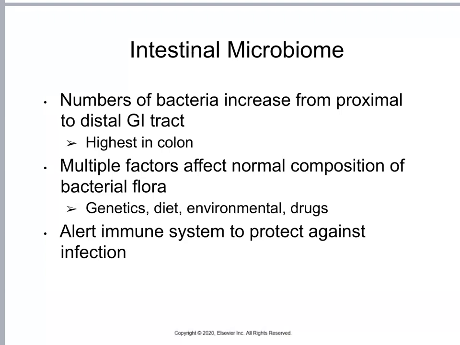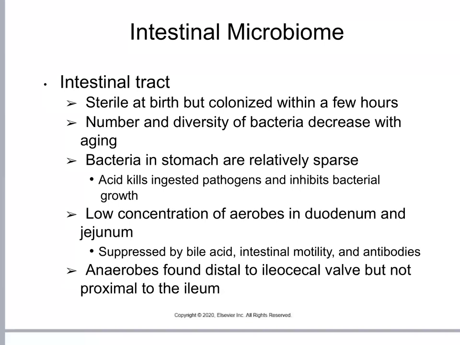The intestinal tract is sterile at birth, but it gets colonized within a few hours. This is why with babies, we have to be pretty careful what we feed them and when, and why they don't eat solid food for, at minimum, the first 4 months of their life, because they need time to develop this intestinal microbiome.